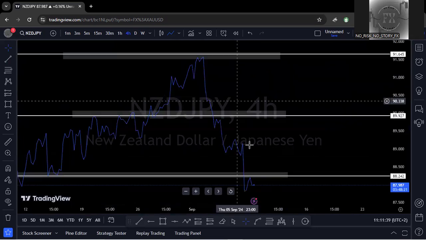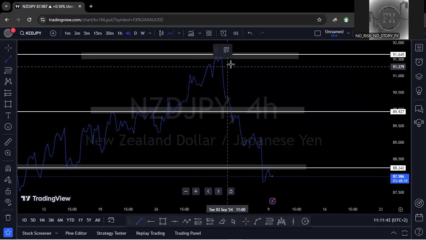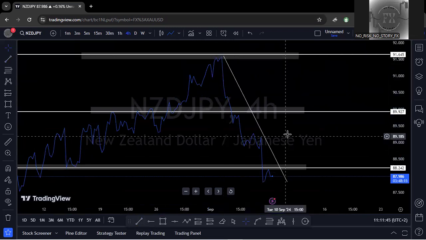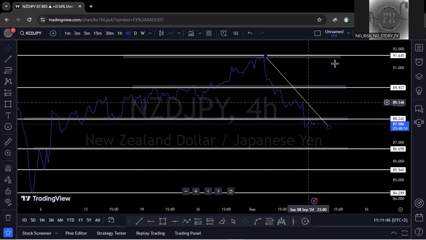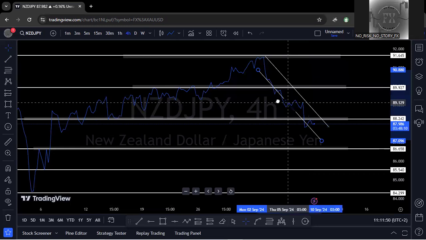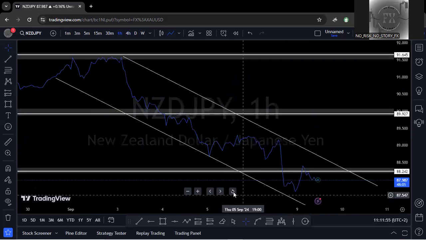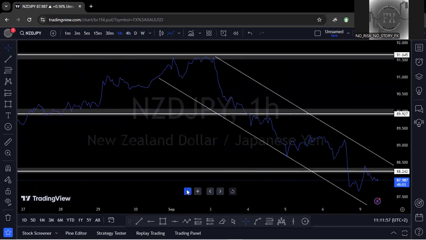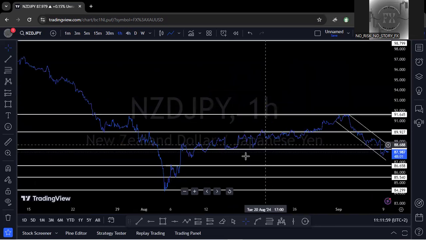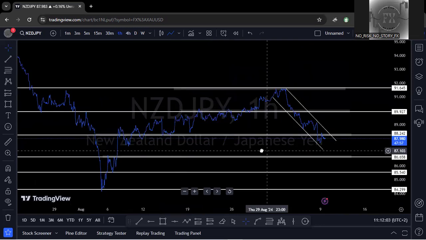I would like to remove it now, we are no longer in it. So yeah, I would like to spot out this new bearish trend here, then clone this and paste it over here. Then I would like to go to my 1 hour time frame just to highlight my areas nicely.